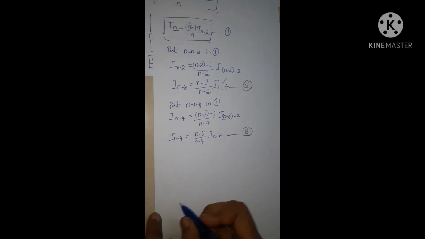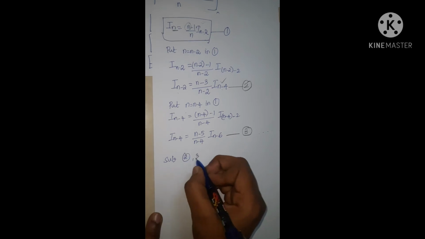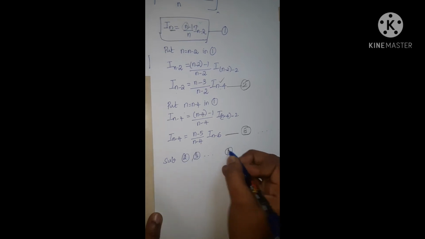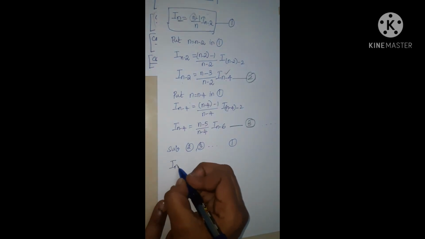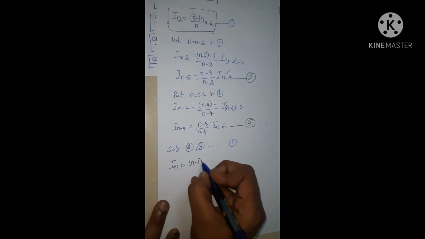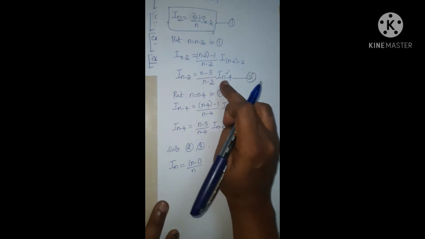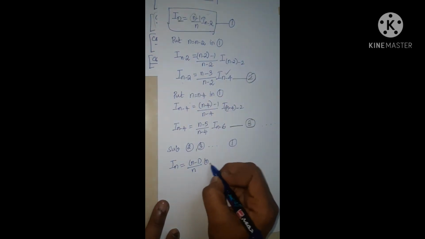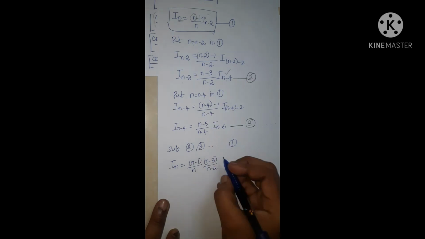So finally I substitute equation 2, equation 3, etc. in equation 1. What is equation 1? I_n equals (n-1)/n of I_(n-2). What is the answer I got for I_(n-2)? (n-3)/(n-2) I_(n-4). What is the answer I got for I_(n-4)?